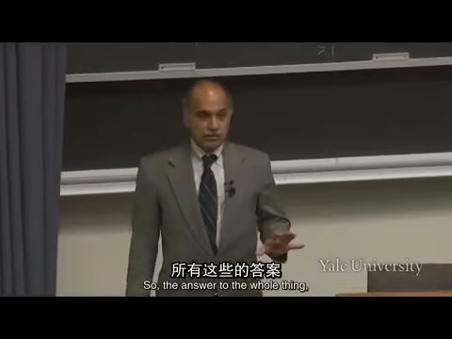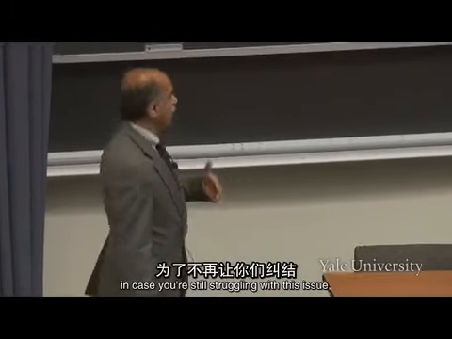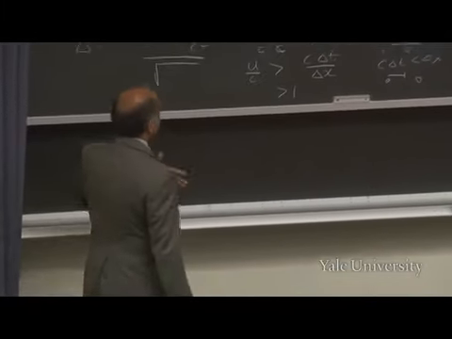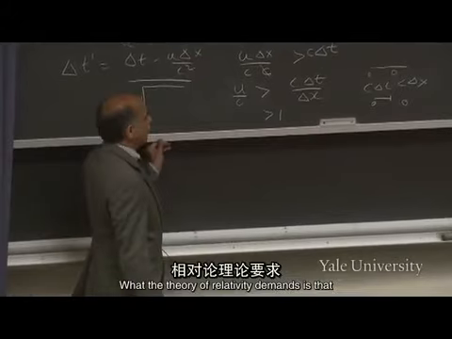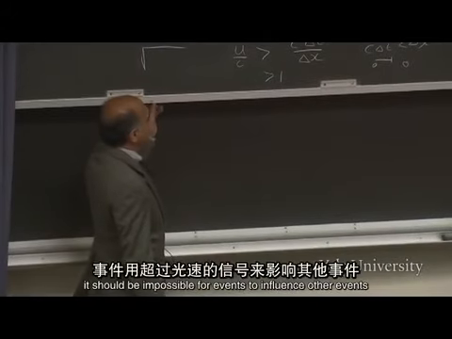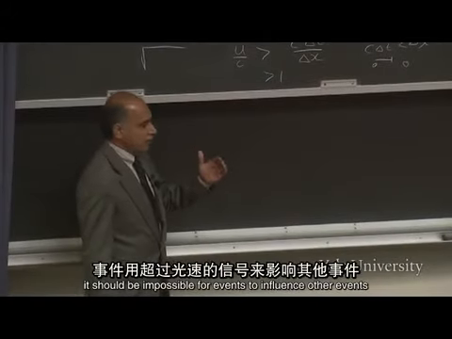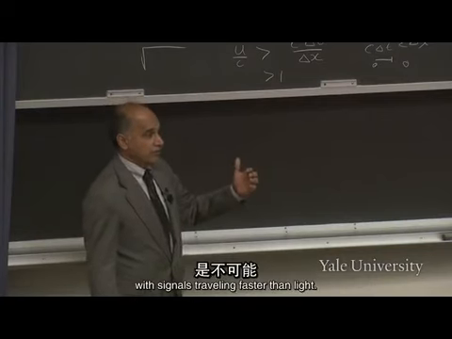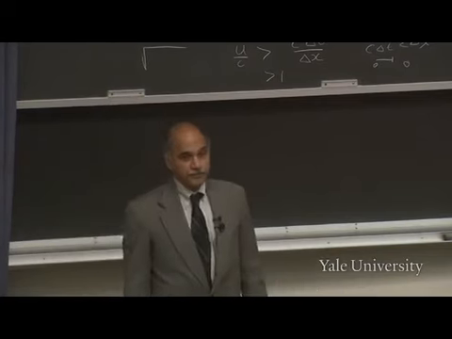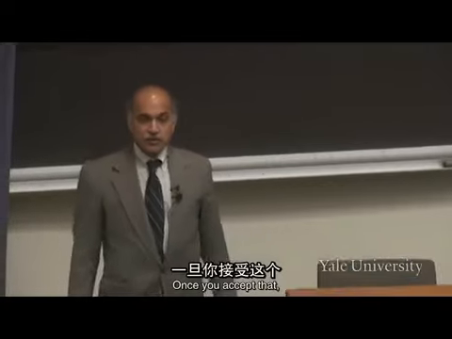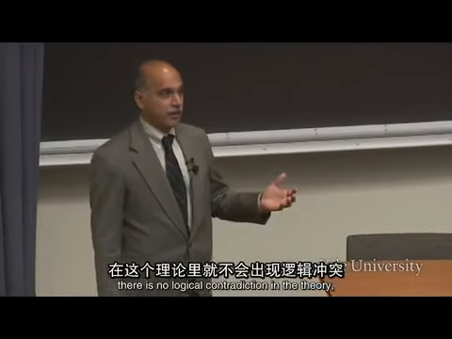So the answer to the whole thing, in case you're still struggling with this issue, is the following. What the theory of relativity demands is that it should be impossible for events to influence other events with signals traveling faster than light. Once you accept that, there is no logical contradiction in the theory.